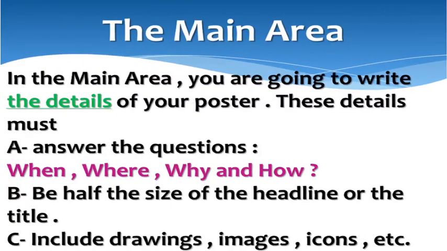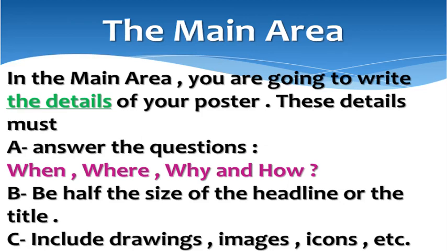In the main area, you are going to write the details of your poster. These details must answer 4 WH questions: when, where, why, and how. For example, you can write the number 2020 anywhere in your poster. This is when.